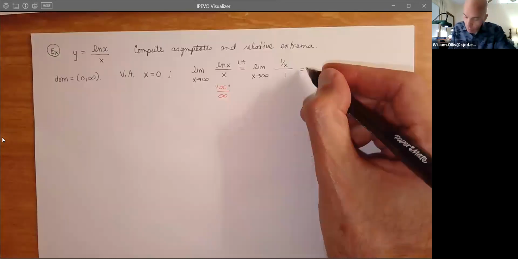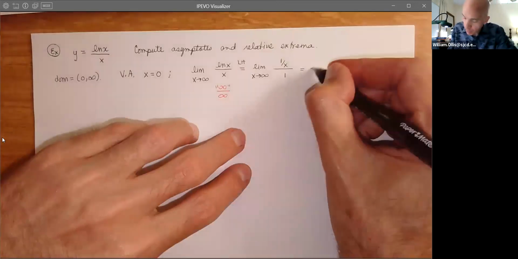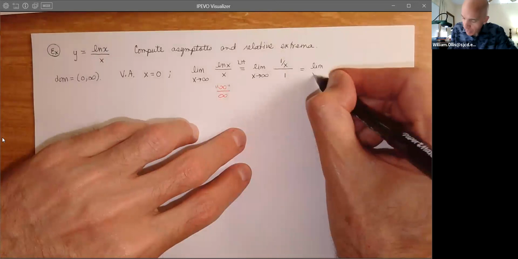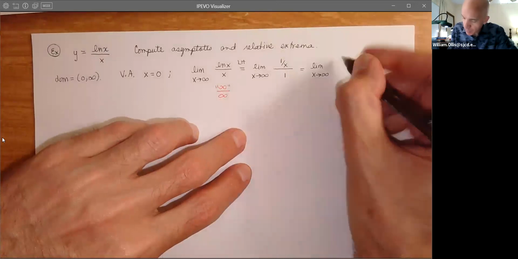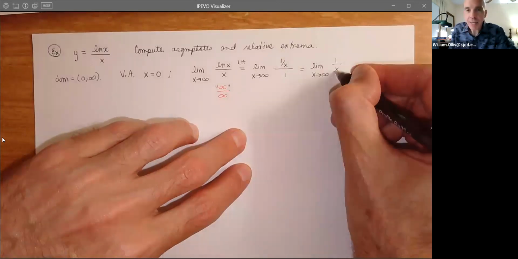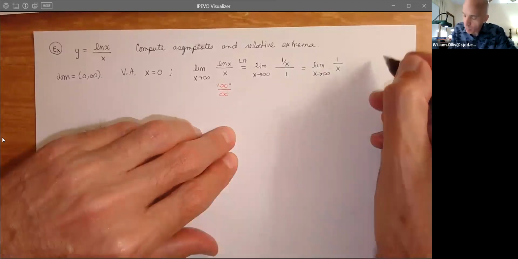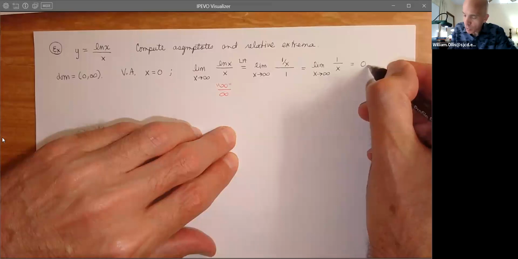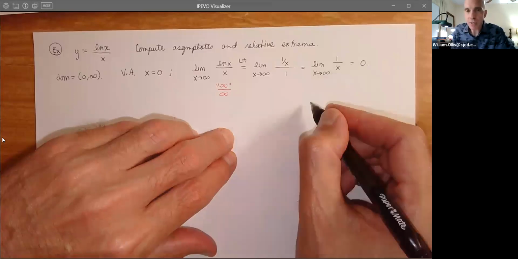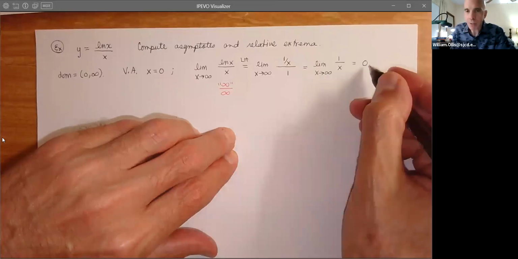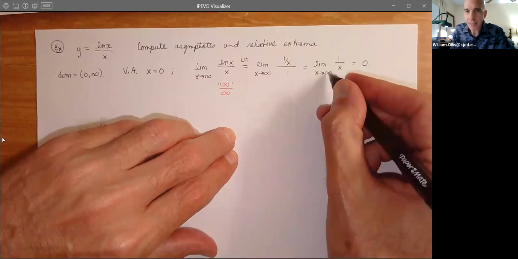So this is our bread and butter from Cal 1. I like proving this theorem. This is a fun theorem. So the limit as x approaches infinity of 1 over x is just 0. That's just basically using your intuition from pre-calculus, and then when you get to calculus, you learn what a limit at infinity is.